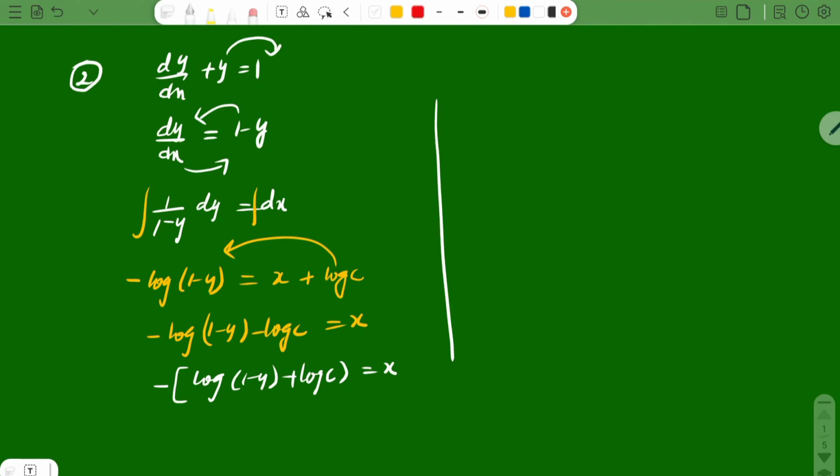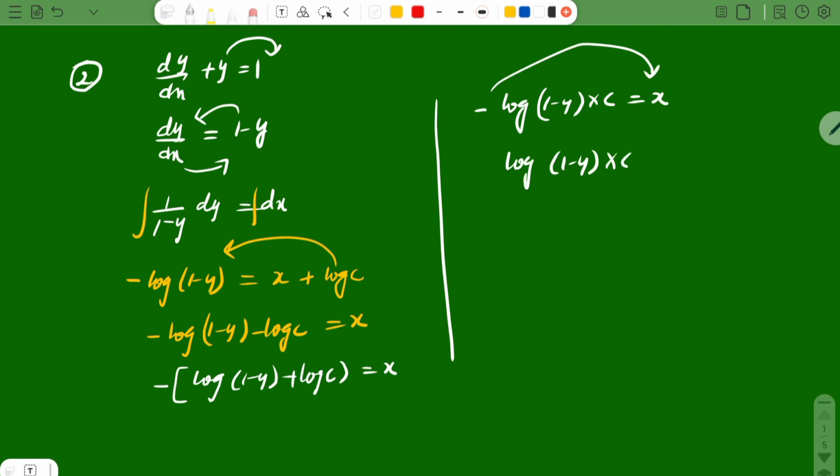By the condition log a plus log b equals log of ab, we get negative log of 1 minus y multiplied by c is equal to x. Giving this negative to the x value, log of 1 minus y into c is equal to minus x.